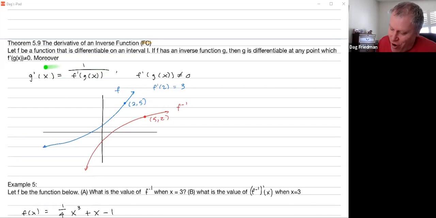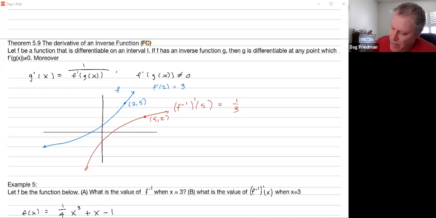What this flashcard is telling us is that if the derivative of our original function at this point equals 3, then if I want to find the derivative of the inverse function, it's actually just going to be equal to the reciprocal of the original.